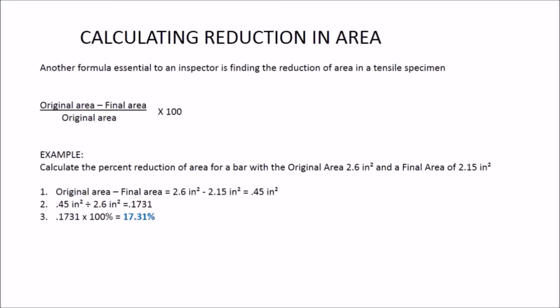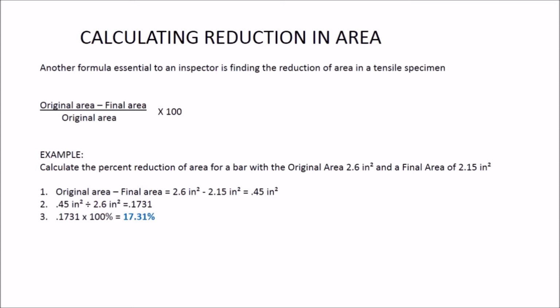Especially to an inspector, is finding the reduction of area in a tensile specimen. So first you take the original area minus the final area. Then you divide it by the original area times 100. Example, calculate the percentage reduction of area for a bar with an original area of 2.6 inch squared and a final area of 2.15 inch squared.